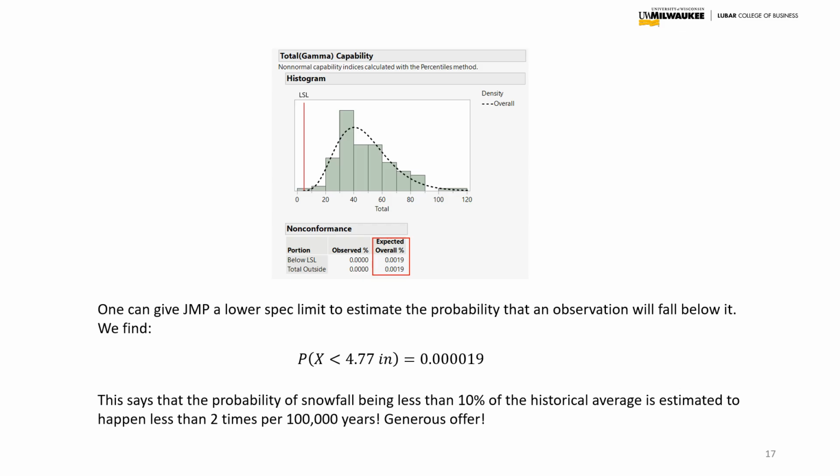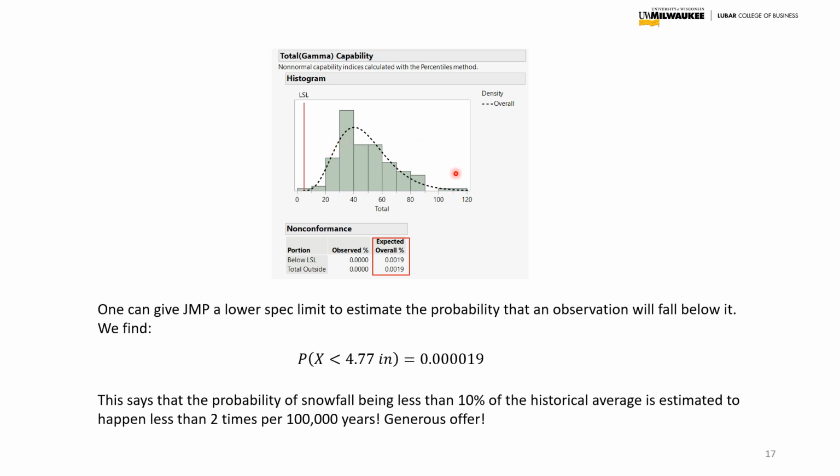Let me remind you why we're calculating this probability. The Toro deal states that we will get the snowblower for free if the snow total is less than 10% of the historic average. In Milwaukee, that would mean if the snow total is less than 4.77 inches.